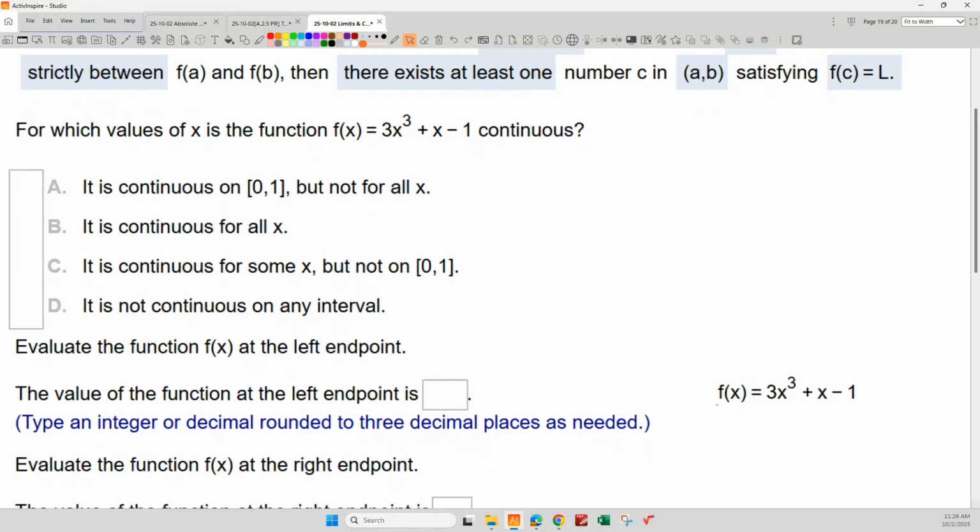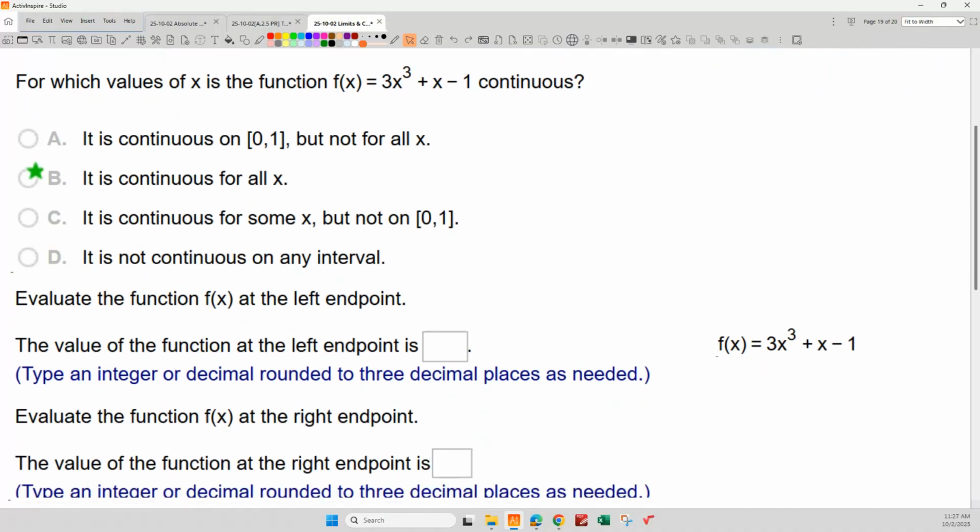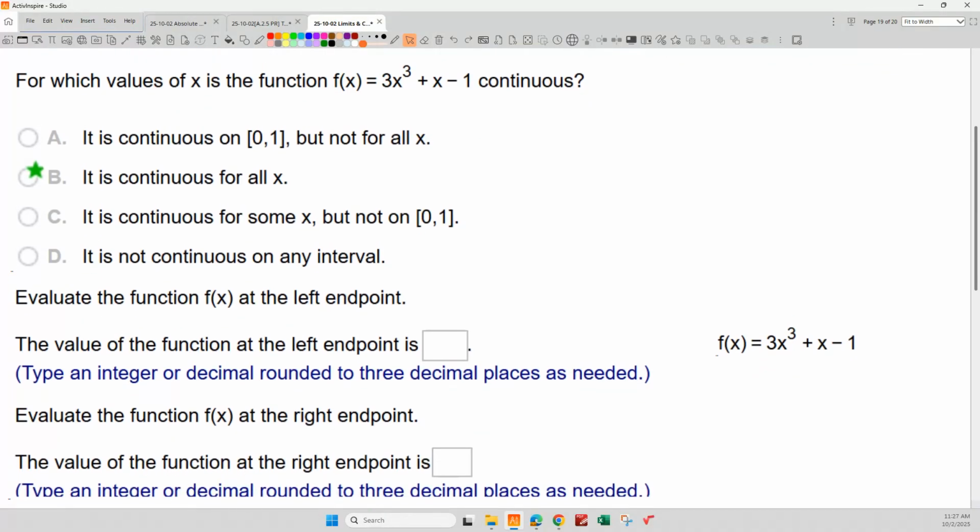Because it's a polynomial. Yep, polynomials are everywhere defined, right? Good. What's the value of the function at the left endpoint? -1. I agree. F of 0 is -1. What's the value of the function at the right endpoint?